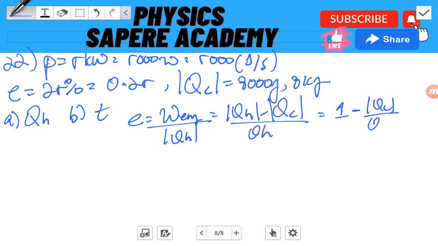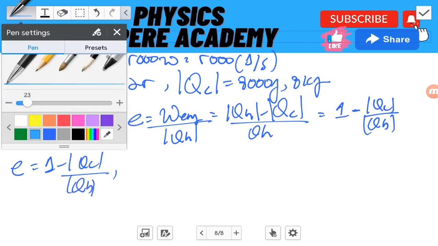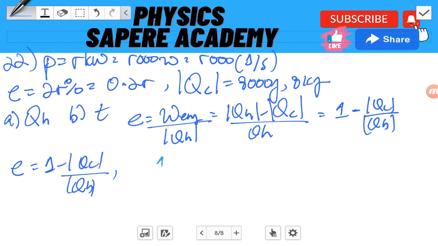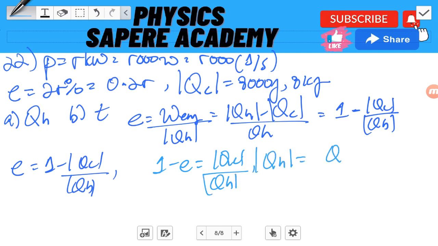So our efficiency E is 1 minus QC over QH. Now from here we can observe that 1 minus E is equal to QC over QH, and thus QH is equal to QC divided by 1 minus E.